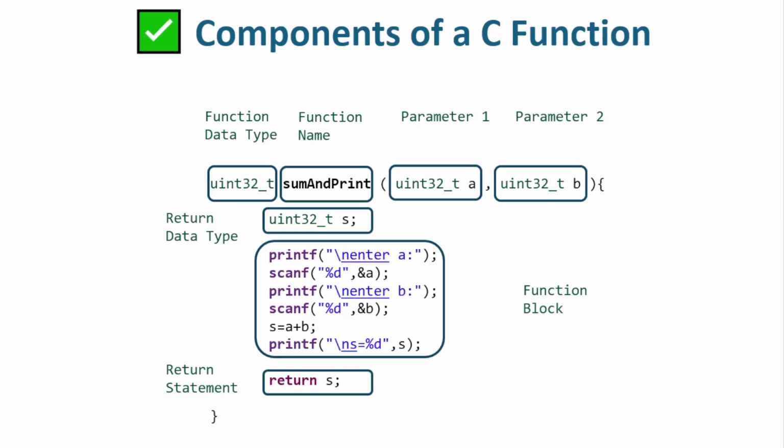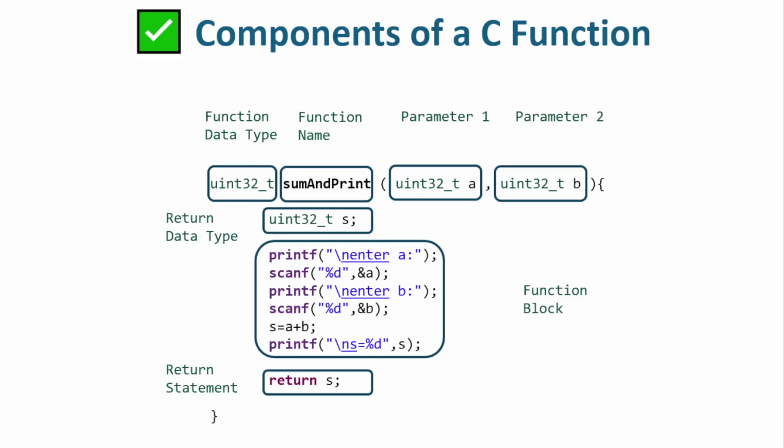Parameters or argument list. What it is: inputs that are passed to the function. Format: inside parentheses, each with a type and a name. Note: use void for no parameters. Function body.